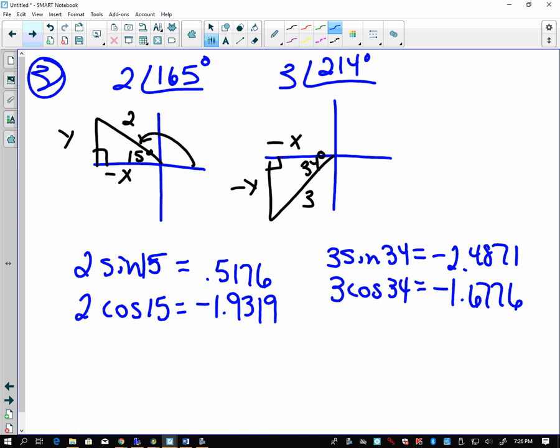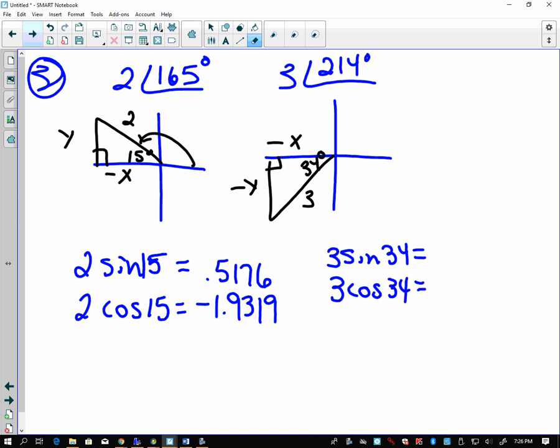Ooh, I got some stuff backwards and upside down. Let me fix this. 3 sine 34. Oop, that's why, because I'm in radian mode. 3 sine 34, negative 1.6776. 3 cosine 34, negative 2.4871.